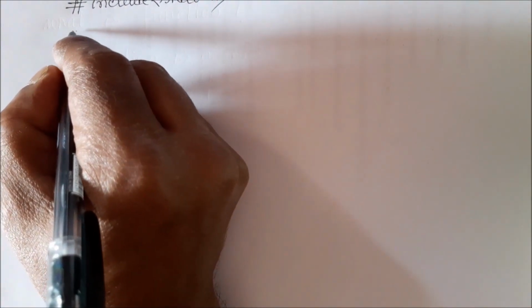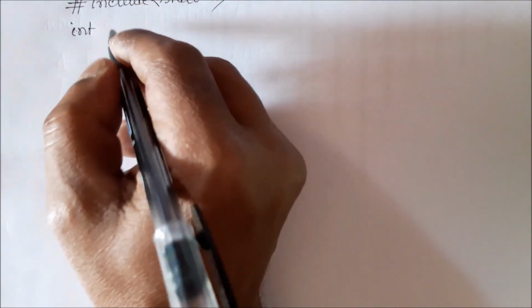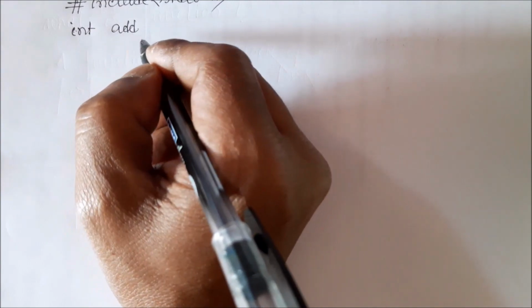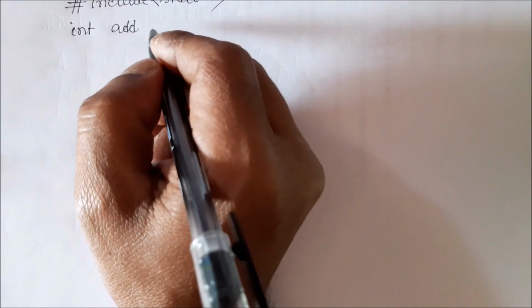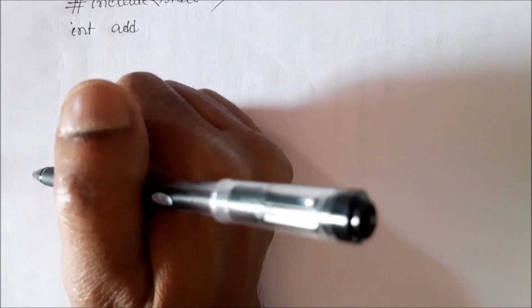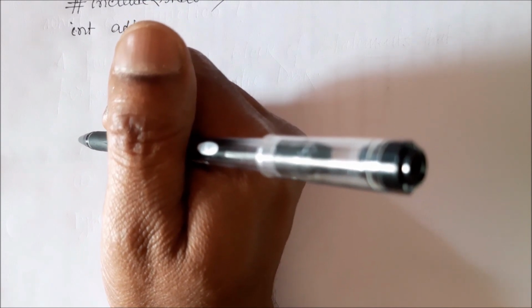Then I am writing a function prototype. Do not worry, I will discuss in detail what the function prototype means. That is why I am just explaining with the help of this example. Then I will explain each and every part of this function, then it will be clear to you.